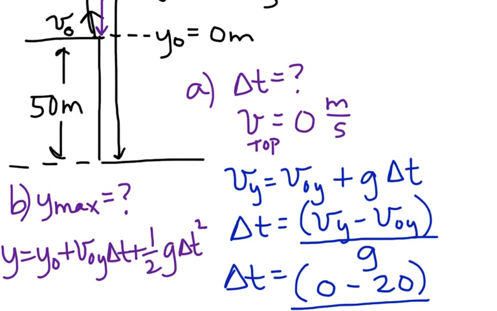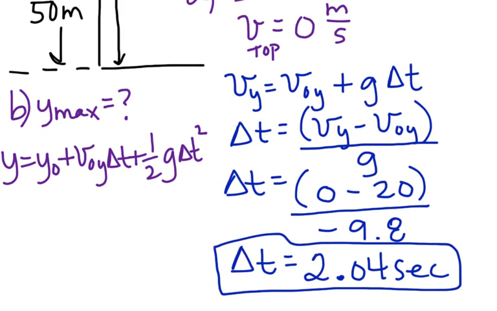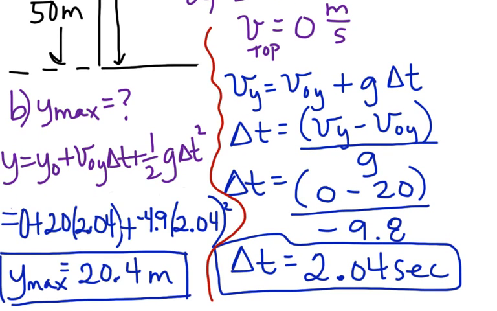We have all the information. The only thing we didn't have earlier was time, but we found that in part A. So now all we need to do is plug in the numbers. Plugging in the numbers, I get my value for y max of a positive 20.4 meters, or 20.4 meters above the cliff.